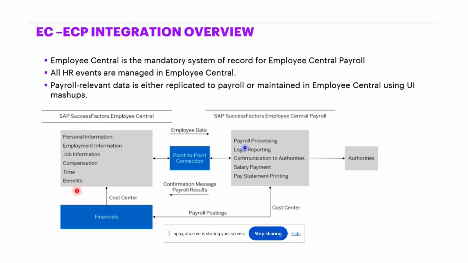Now, when EC payroll was launched, for data to replicate from SuccessFactors EC to SuccessFactors EC payroll, this is the EC payroll box, there was middleware used. Okay, Dell Boomi was used. Many other products were there. SAP later introduced a technology called point-to-point connection.